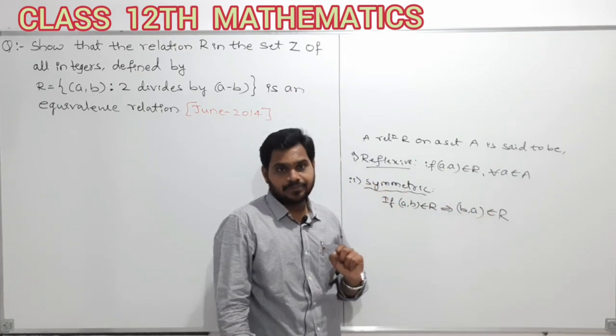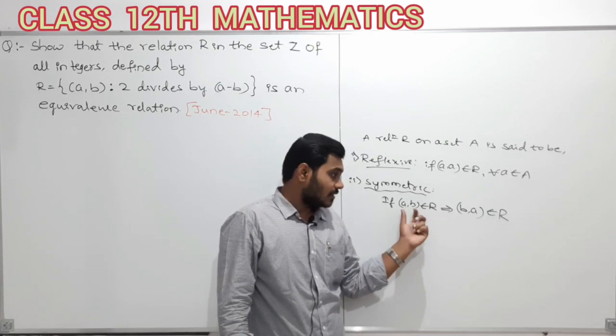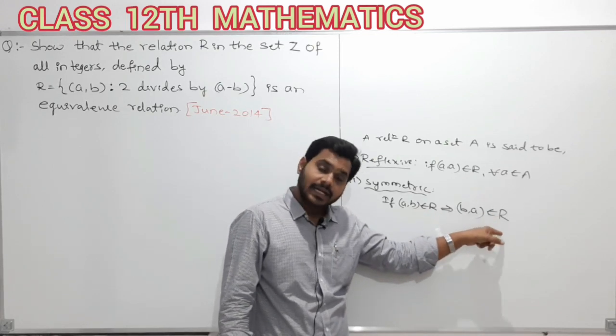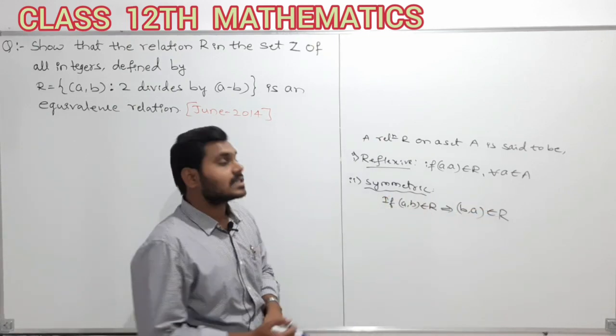Clear? If (a, b) belongs to R, then the reverse (b, a) is also contained in R, then such a relation R we can call symmetric.